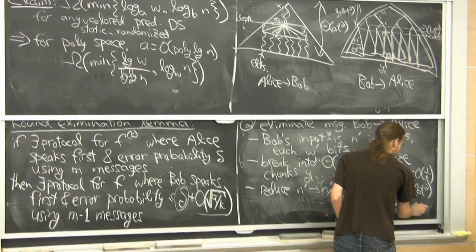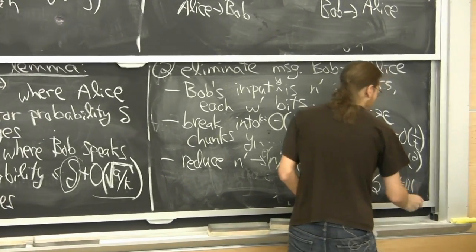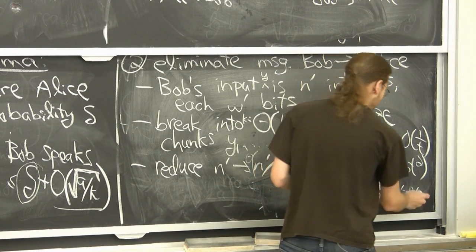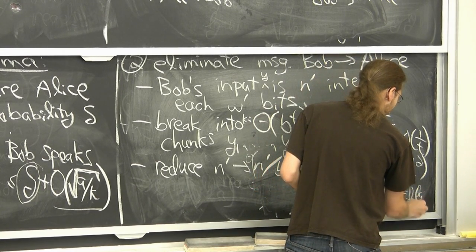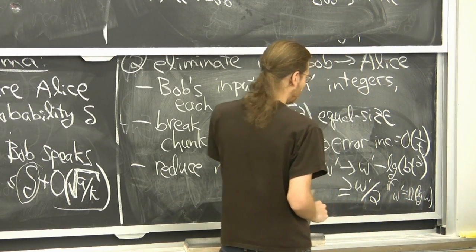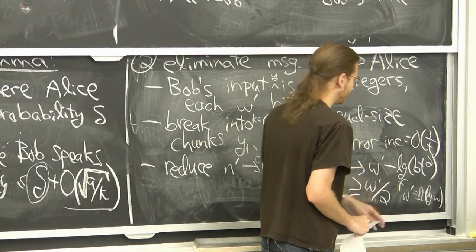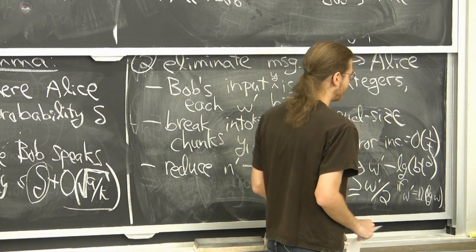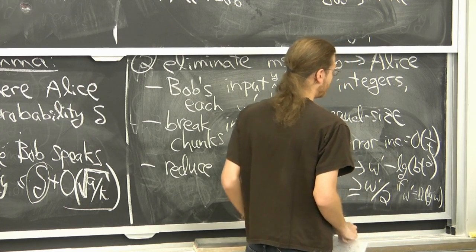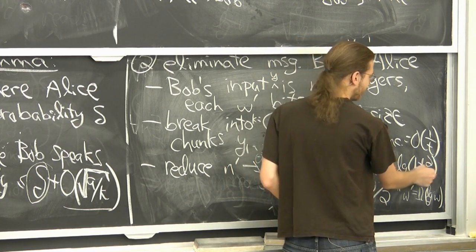So it's going to be at least that as long as w prime is at least log w. Yes, this is log w. t squared is going to be at most log w, so this is going to be log w plus log w.